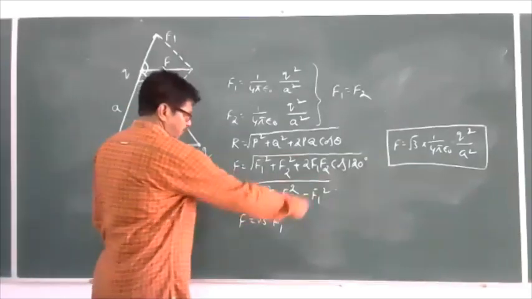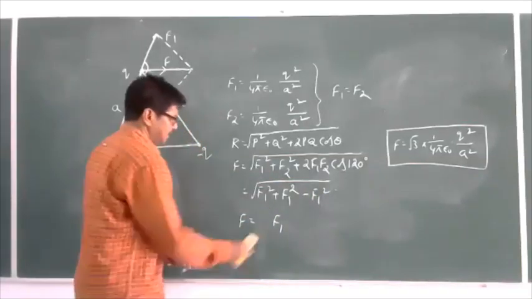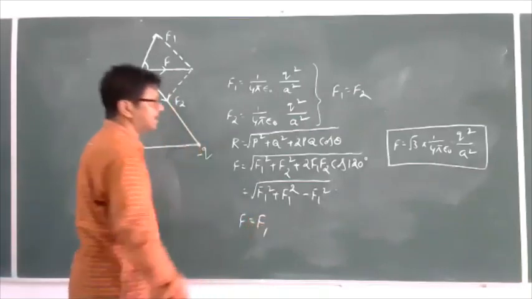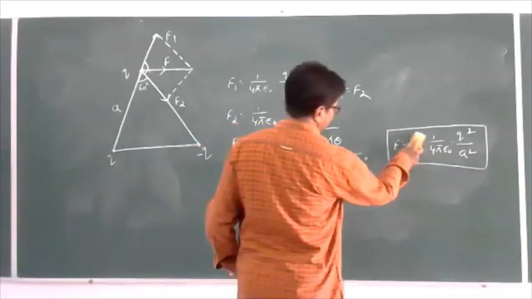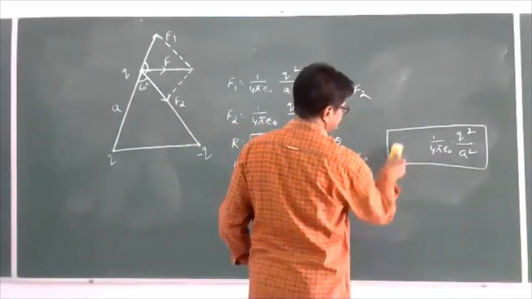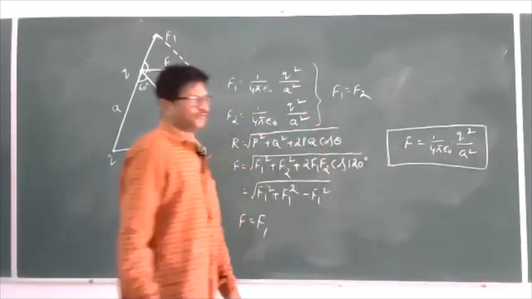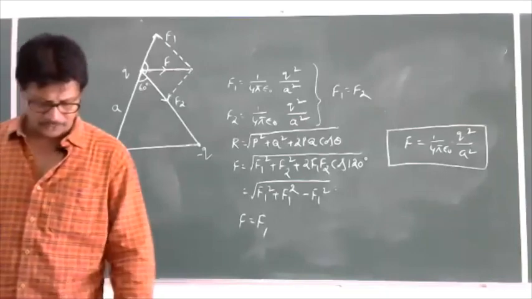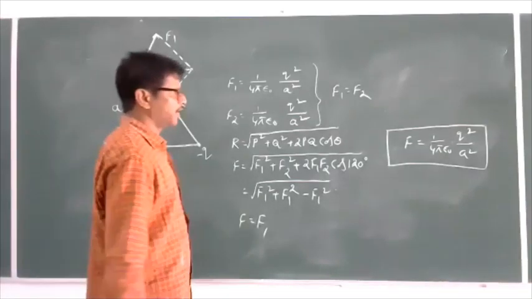Now one F1 square and one minus F1 square get cancelled. Then the resultant force F is equal to F1. Since the resultant force is equal to F1, the formula to find the net force in this case is equal to 1 by 4 pi epsilon naught Q square by A square.